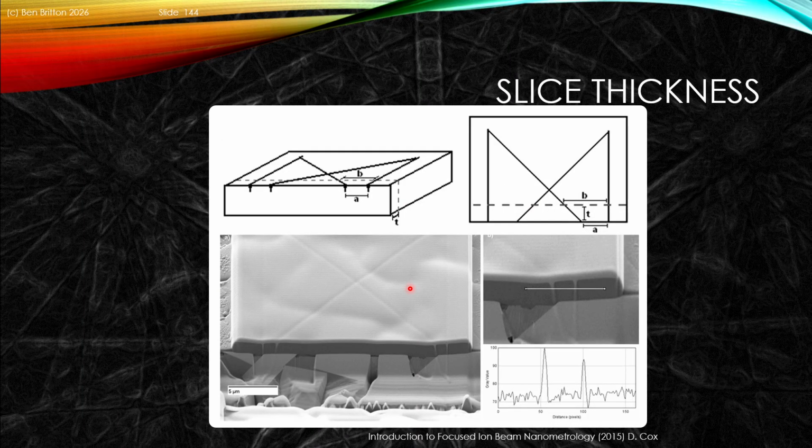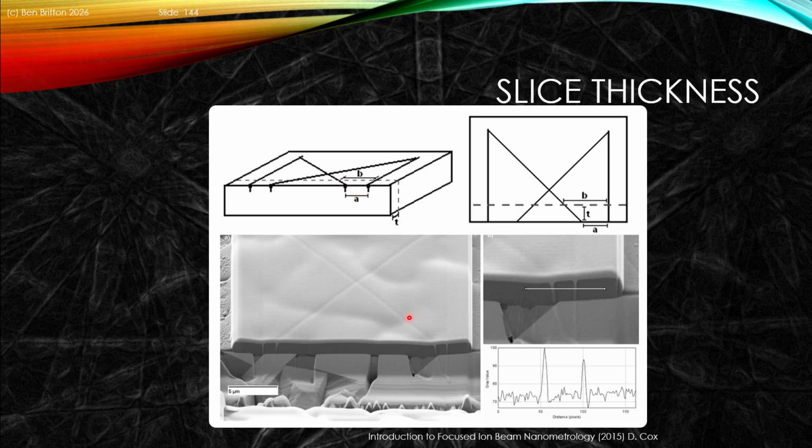One of the challenges with slice and view tomography is that it can be difficult to verify that each of the slices are collected with uniform thickness. This will depend on the stability of your system. Things like temperature in the room can be important, and also how well the machine mills. One of the methods is to effectively cut lines and deposit them on the top surface, and if you put a V-shape or cross X-shaped feature, you can measure the distance between features that you see within each slice.